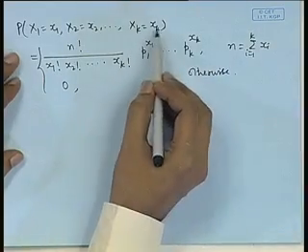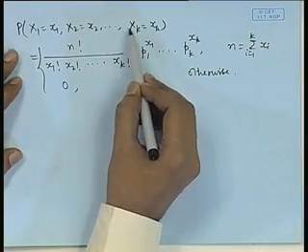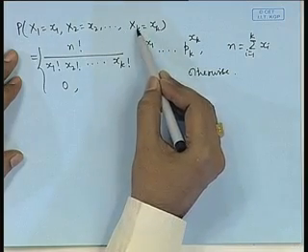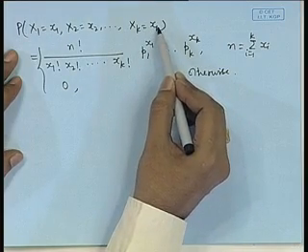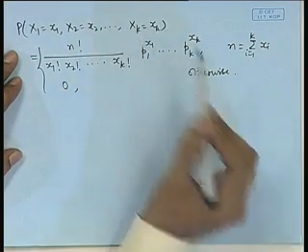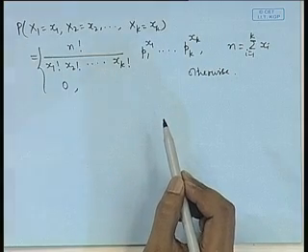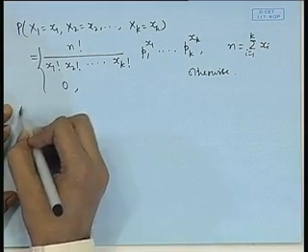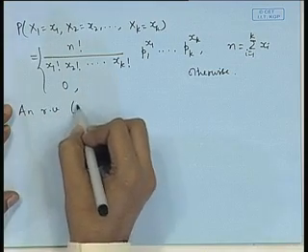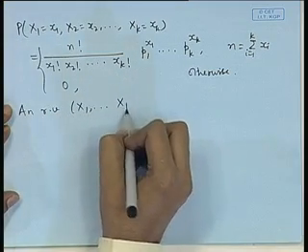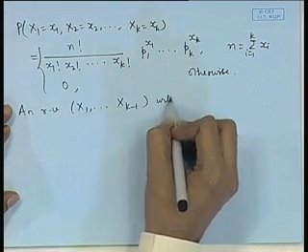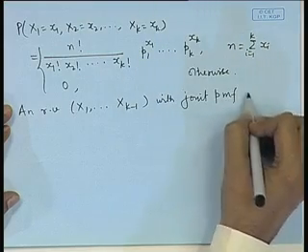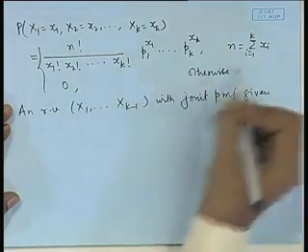Now, if we look at this distribution, if any k minus 1 of these variables are given, the last one can be determined as n minus the sum of the remaining ones. So, we consider the joint distribution of the random variable X1, X2, up to Xk minus 1 with joint probability mass function given by this.